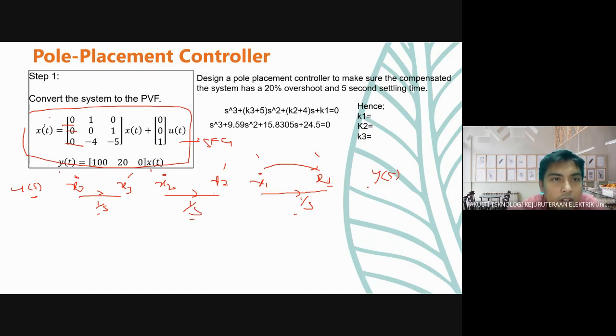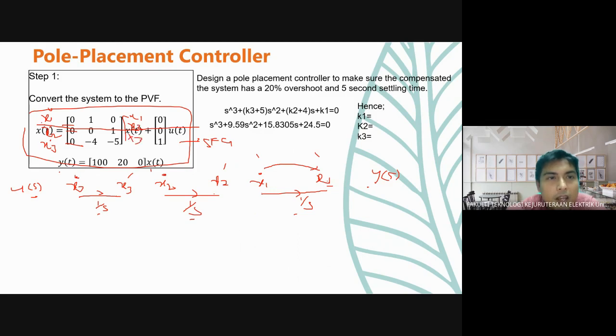So the equation is, this represents x1 dot, x2 dot, and x3 dot. What is the equation of x1 dot here? This is x1, this is x2, this is x3, right?